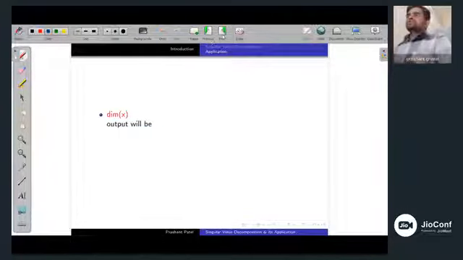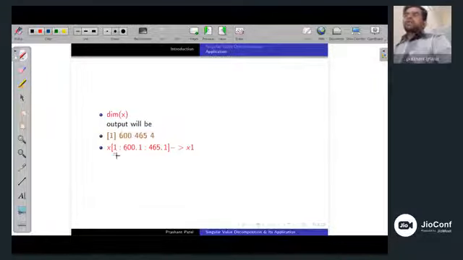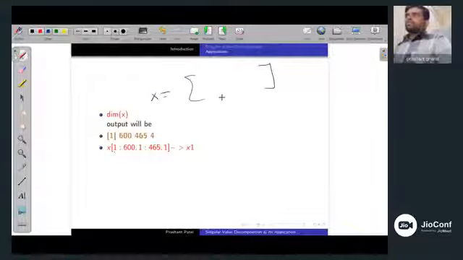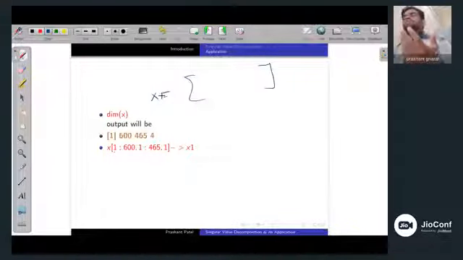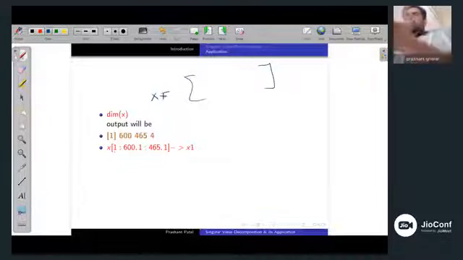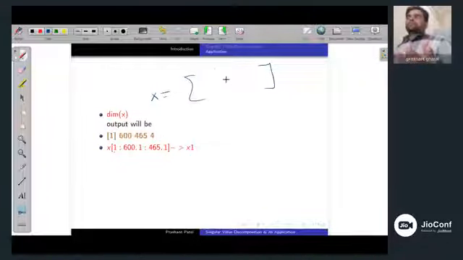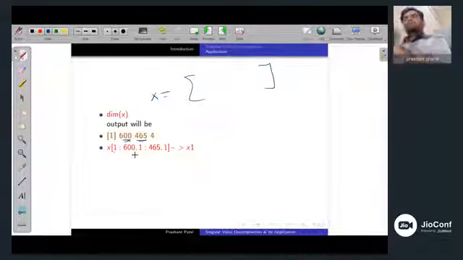So for this X, we have a matrix. Now that is not an image for R, it is a matrix for R. That matrix has 600 rows, 465 columns, and four layers.